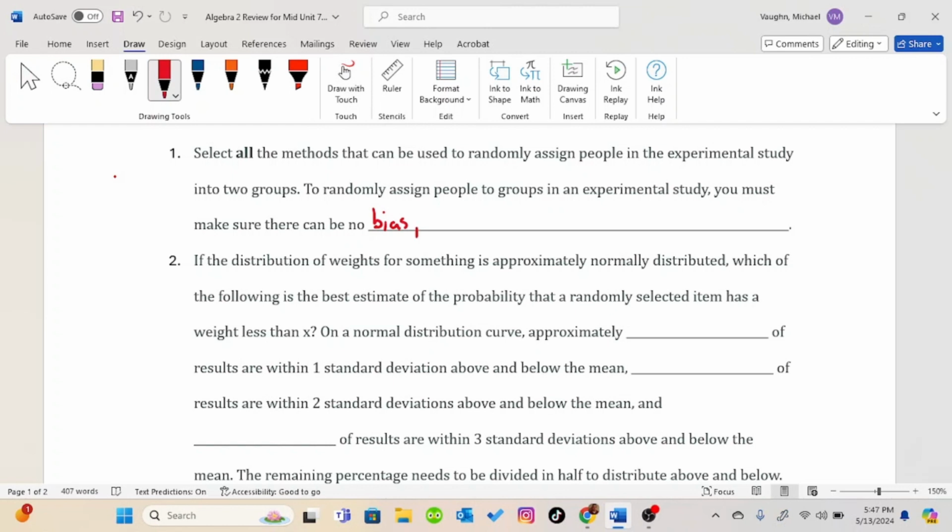You don't want any patterns. You don't want any human interference. You want to make sure that whatever you choose is going to be completely fair, everyone has the same chance of ending up in either group. No human interference, no patterns, anything like that.